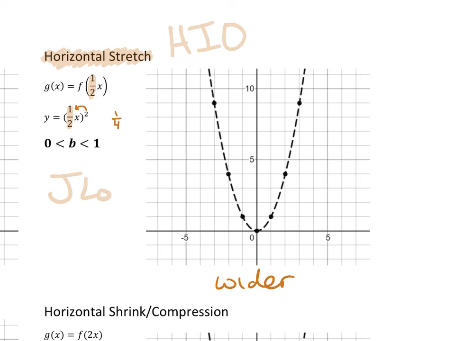So instead of taking half of the output, I'm taking 1/4 of the output. It's going to be like so small, something like this. And look at automatically how wide this parabola is from that JLO number. Because it was inside, it gets extremely small really fast. But that is considered a horizontal stretch, the opposite of what we think since it's getting wider.